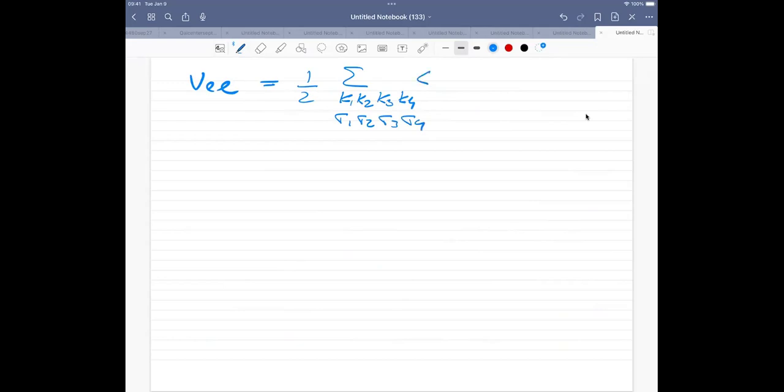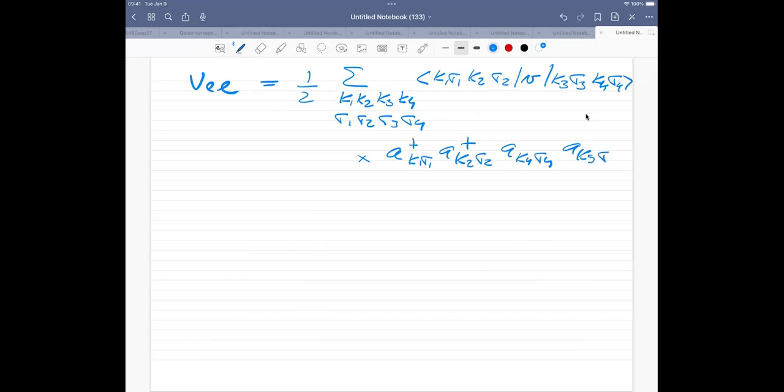And we have an integral, which relates to these single particle states, k1 sigma 1, k2 sigma 2. There is an interaction, and then I have k3 sigma 3, k4 sigma 4. And this is multiplied with a dagger k1 sigma 1, a dagger k2 sigma 2, and a k4 sigma 4, and a k3 sigma 3.